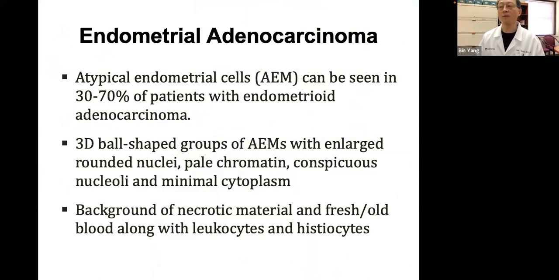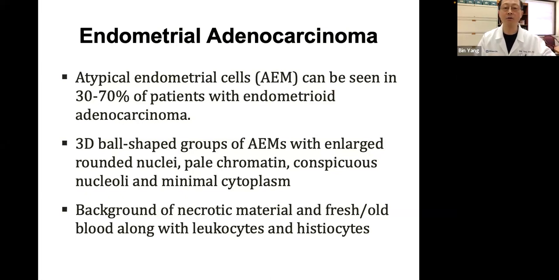Endometrial adenocarcinoma is not the purpose of cervical cytology, but often we see it. In 30 to 70%, those endometrioid adenocarcinomas present in the cervical Pap. They have this typical 3D ball-shaped group of atypical glandular cells with enlarged round nuclei.